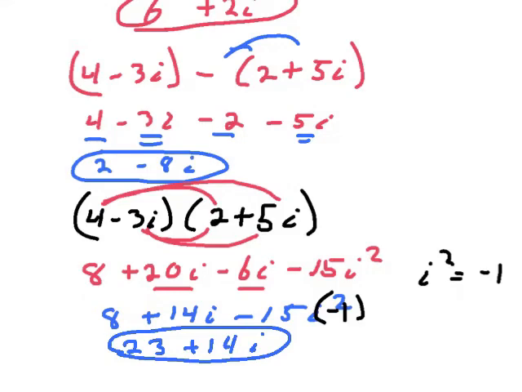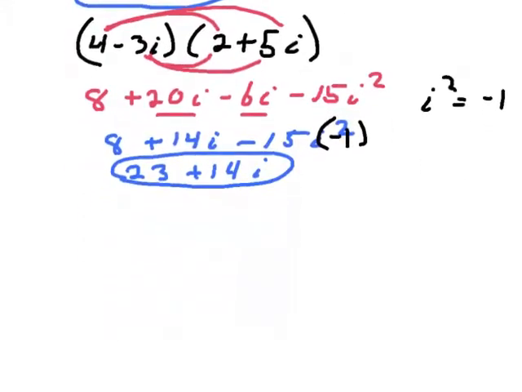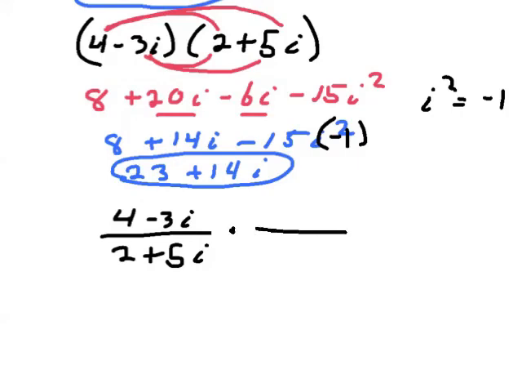Alright, now let's look at the division of this. As we are dividing it, I have 4 minus 3i divided by 2 plus 5i. Now, we cannot have an i in the denominator, which means I have to multiply the top and the bottom by the complex conjugate of 2 plus 5i, which is 2 minus 5i.